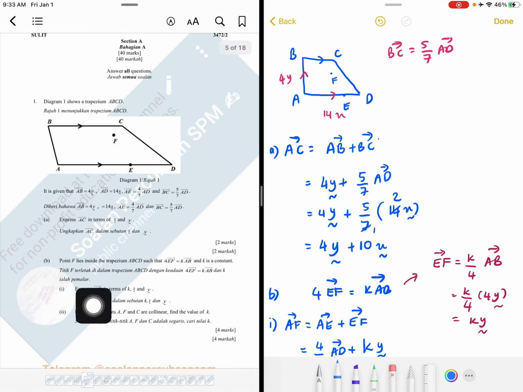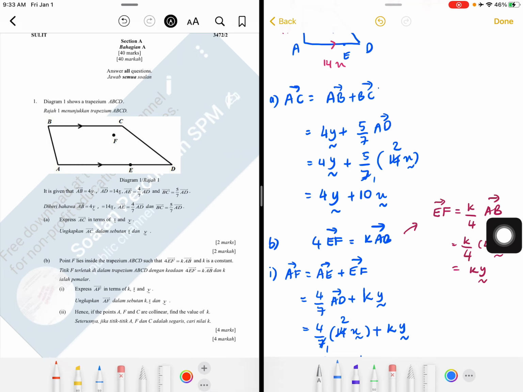If you want to find the vector of AF, you either get it from the direction AB plus BF, or the other way around, from this direction AE plus EF. Because the question wants us to use k, I'm going to choose the purple one.